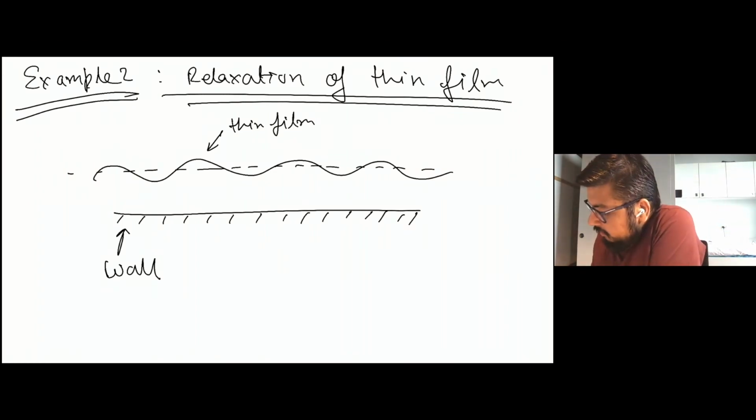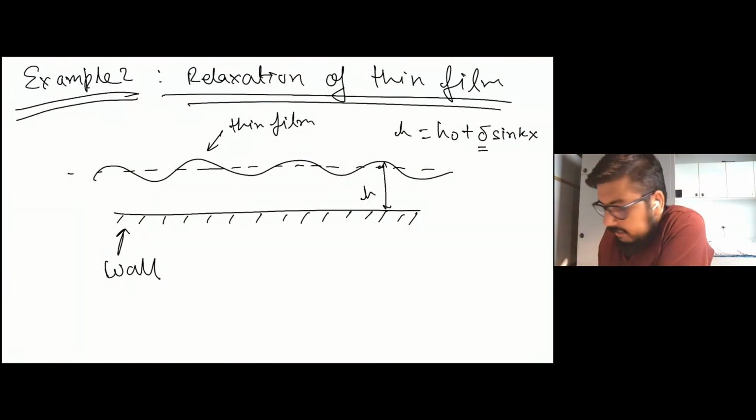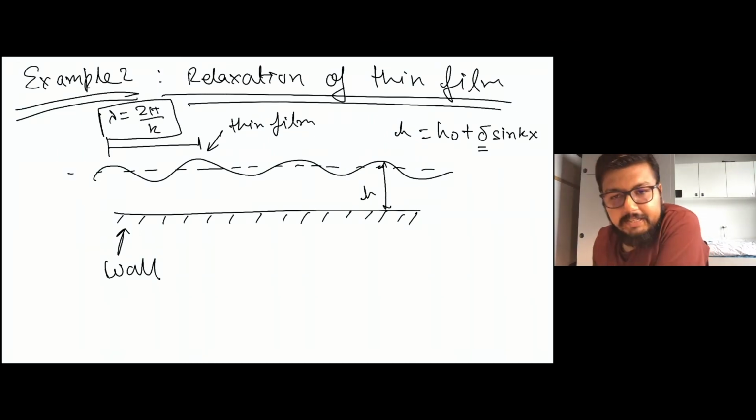So let's say that this film height h is nothing but h naught, which is the mean height of this thin film, plus delta times sine kx, where delta is the amplitude of the oscillations that you see on the thin film, and k is related to the wavelength lambda as lambda equals 2 pi by k.